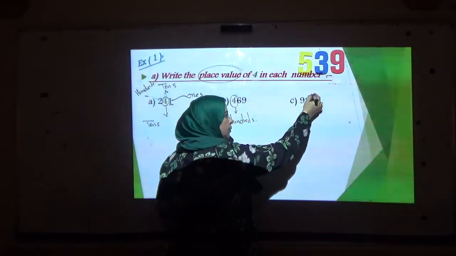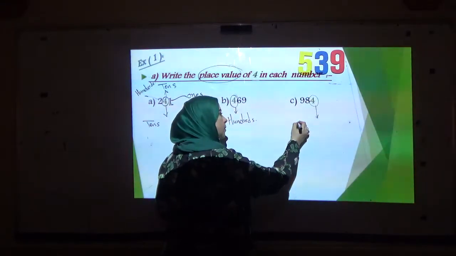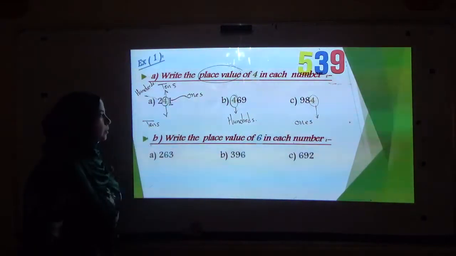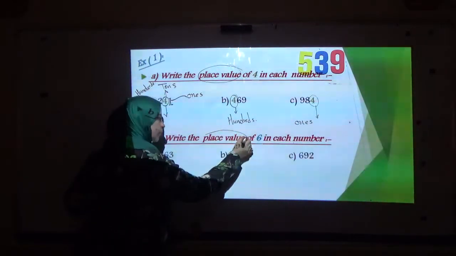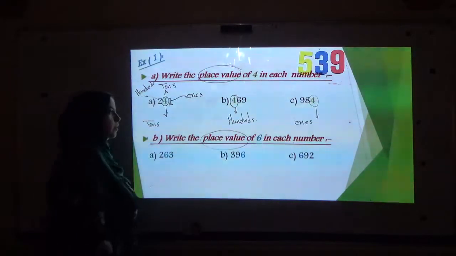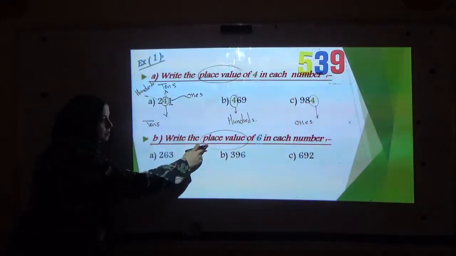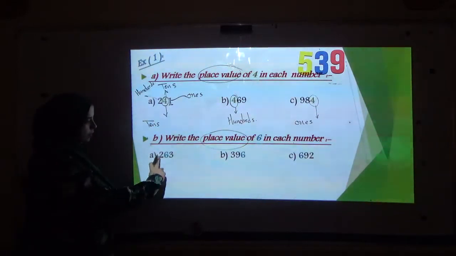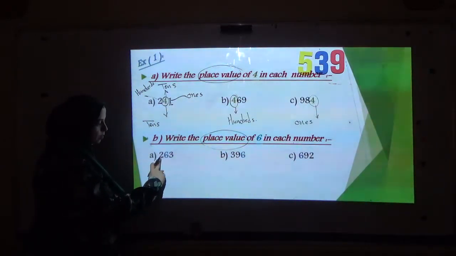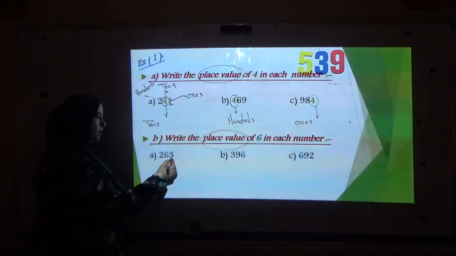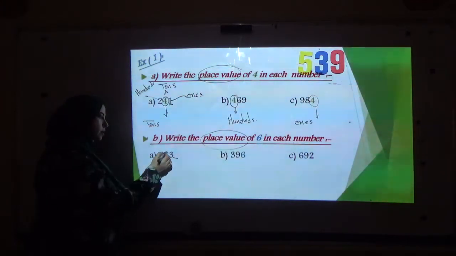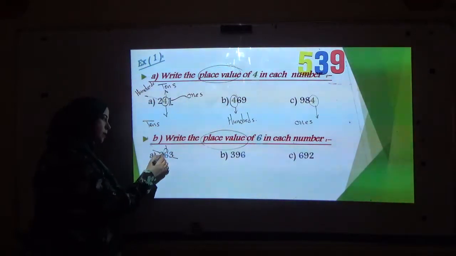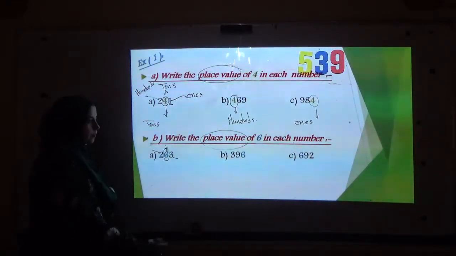The place value of 4 is ones. Now write the place value in words. 263. Ones, tens, hundreds. I need the place value of 6.